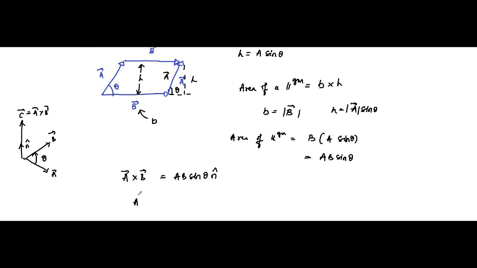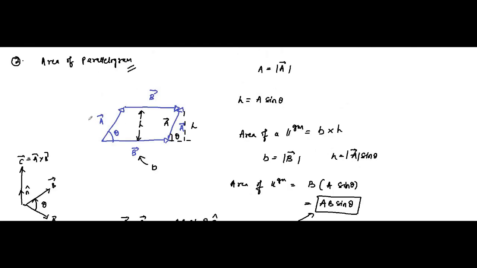Now the magnitude of A vector cross B vector, which is the resultant vector magnitude, is AB sine theta. So if we connect the dots here, the magnitude of cross product is equal to the area of the parallelogram formed by two vectors as its adjacent sides.